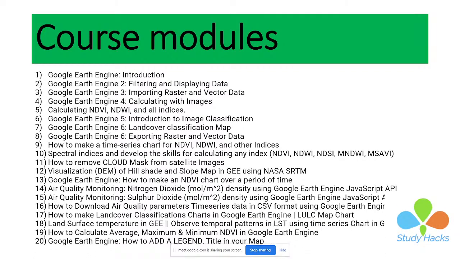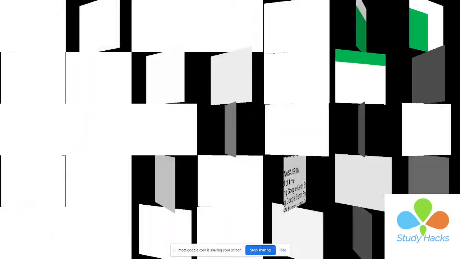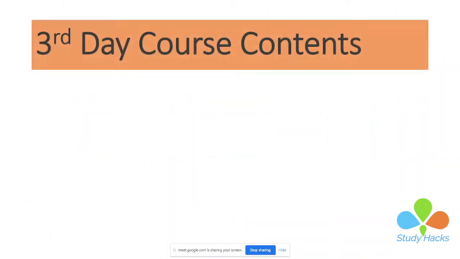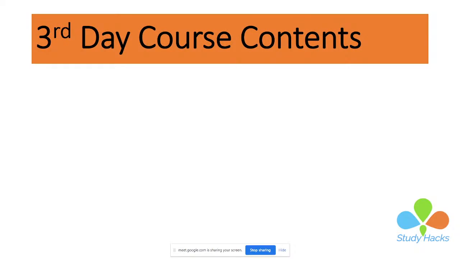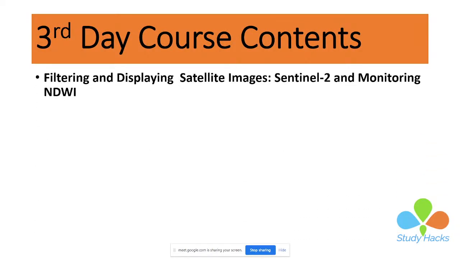Basically today is our third day, and in the third day course content I will discuss how you can easily filter and display satellite images. Mainly this time I will discuss the Sentinel-2 satellite imagery.